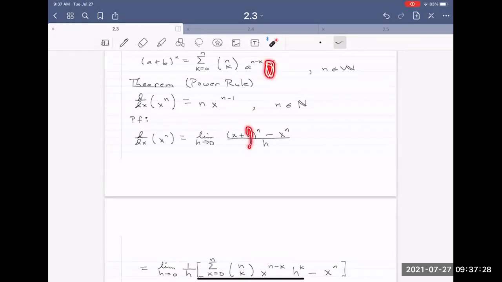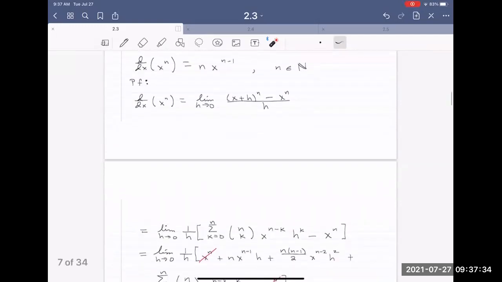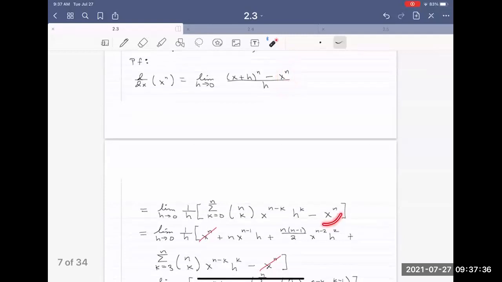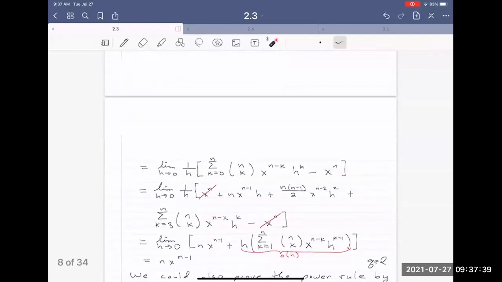Replace this b here by h, and so h to the k. Minus, well, this guy, minus x to the n.